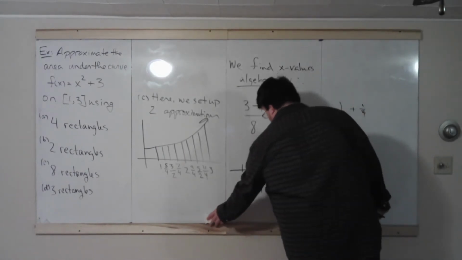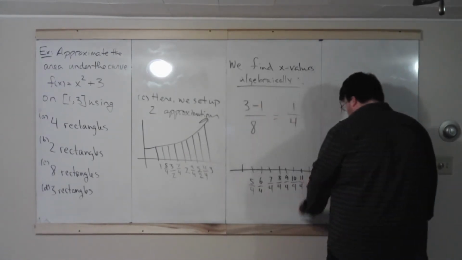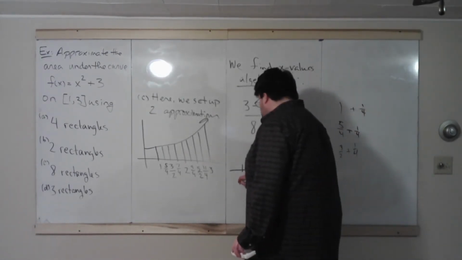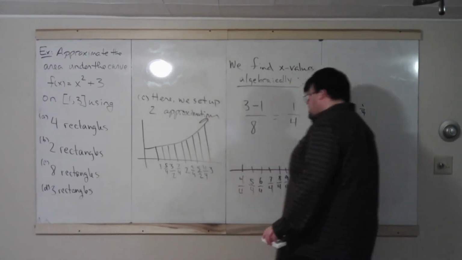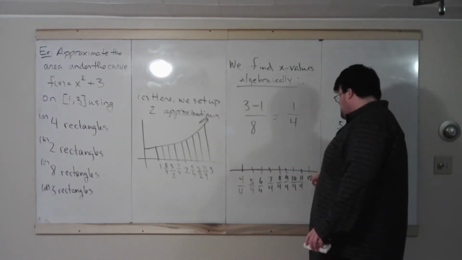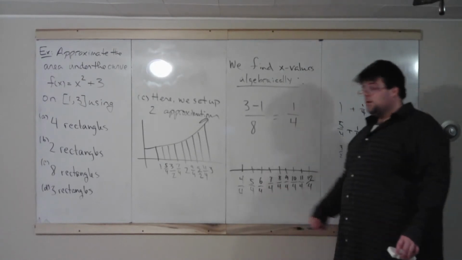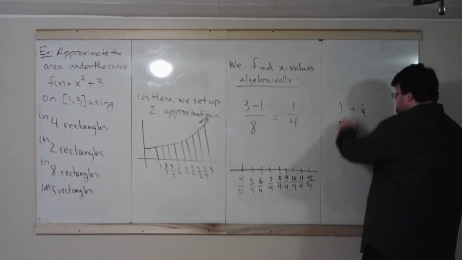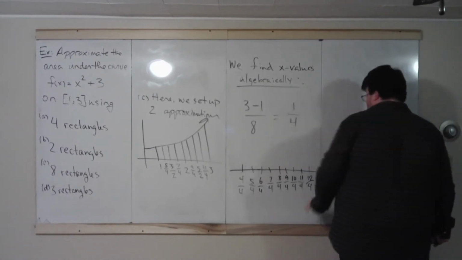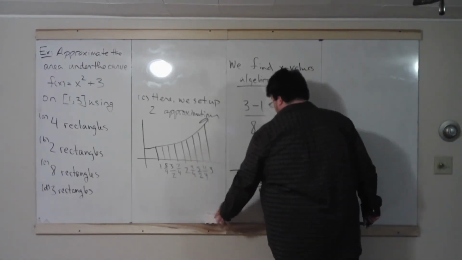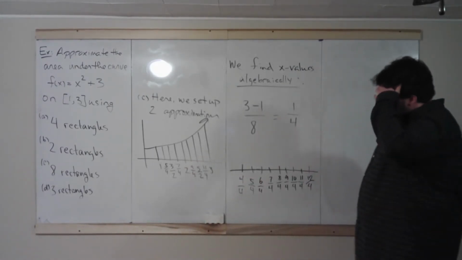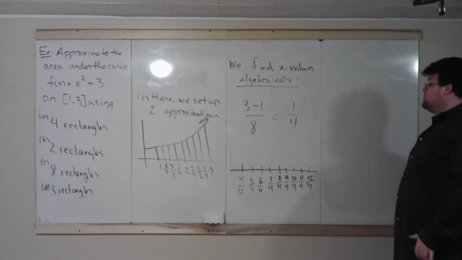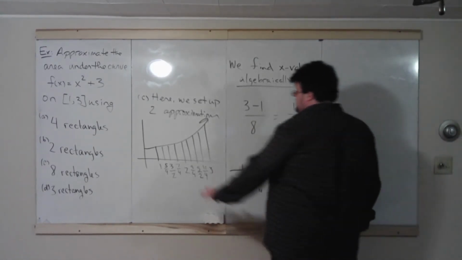If you do write 1 as 4 quarters, and you leave everything unreduced, you can check yourself. 4 quarters, 5 quarters, 6 quarters, 7 quarters, 8 quarters, 9 quarters, 10 quarters, 11 quarters, 12 quarters. And in the reduced form, I believe I even said that, 4 quarters, 5 quarters, 6 quarters. So you can find them visually.